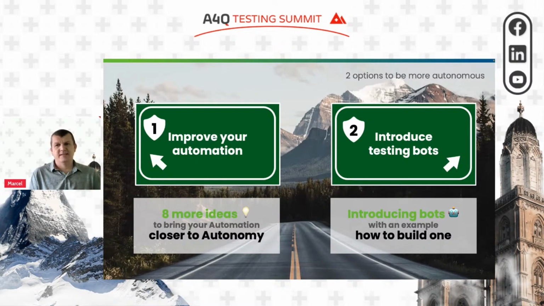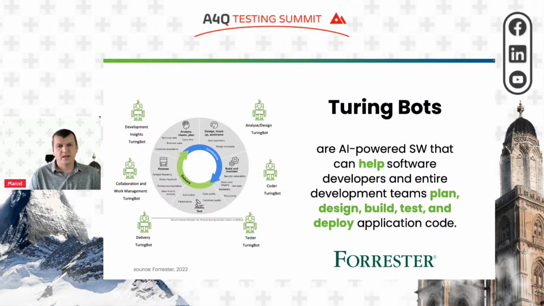I was talking about Gartner, but there are some other companies also working on analyzing and researching the market and trying to define or predict the trends. Another company mentioning something very related to autonomous testing is Forrester. They published a pretty interesting article, or I think it was a blog post, about Turing bots. And they explain how nowadays we are using these Turing bots for our daily tasks.